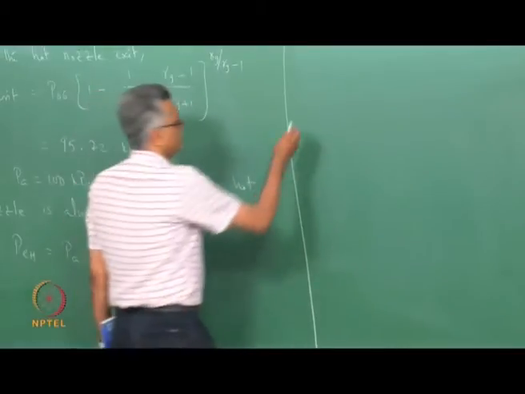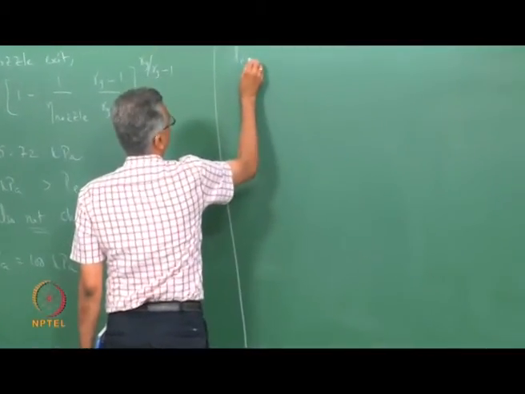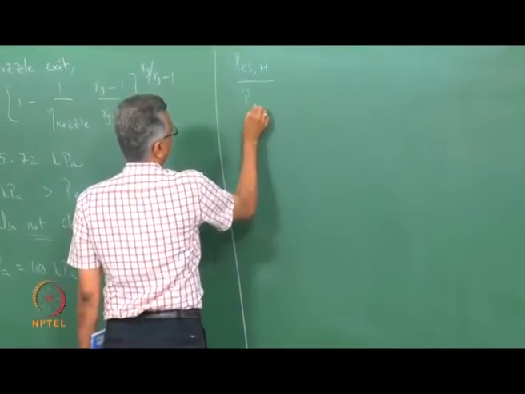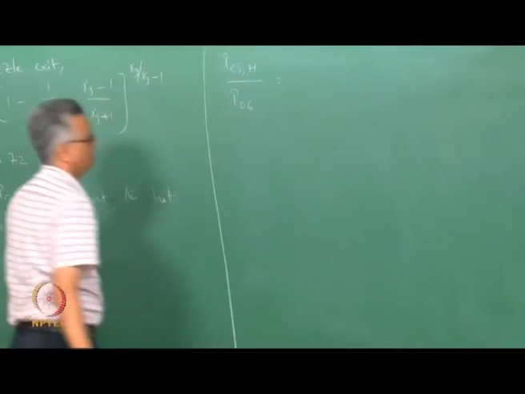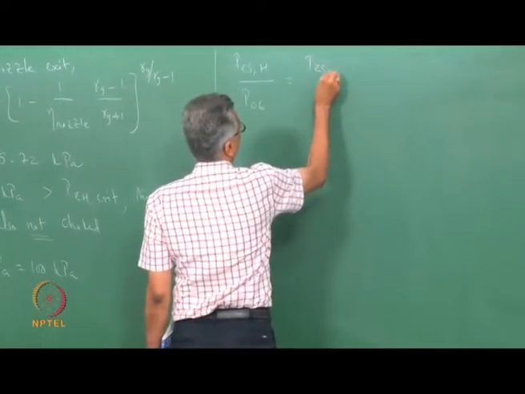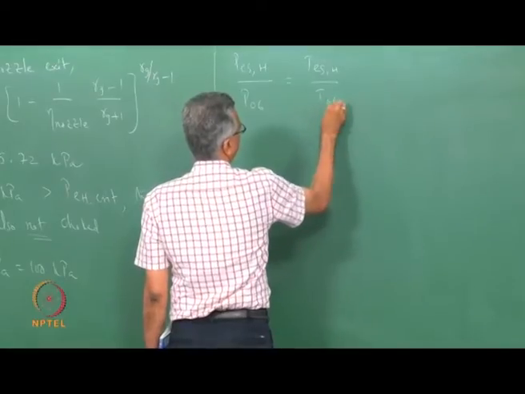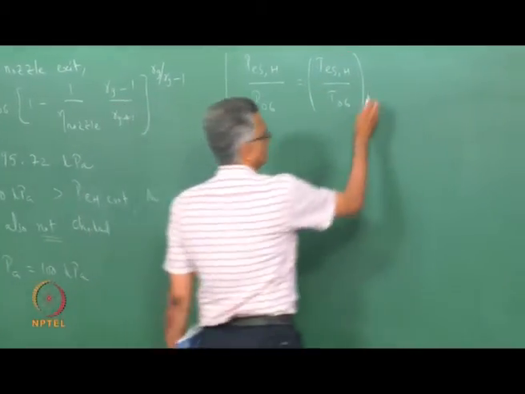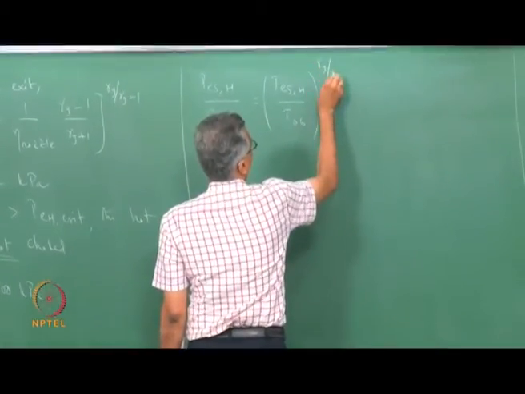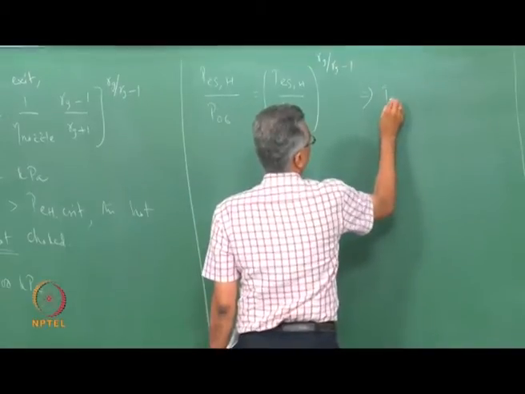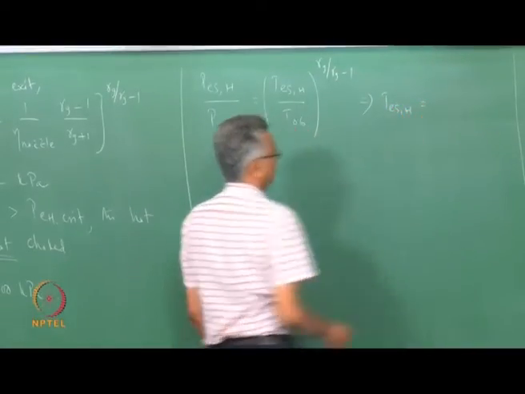So, I can write PES for the hot nozzle divided by P06 is equal to TES for the hot nozzle divided by T06 to the power gamma g over gamma g minus 1. From this I can calculate my TES for the hot nozzle.